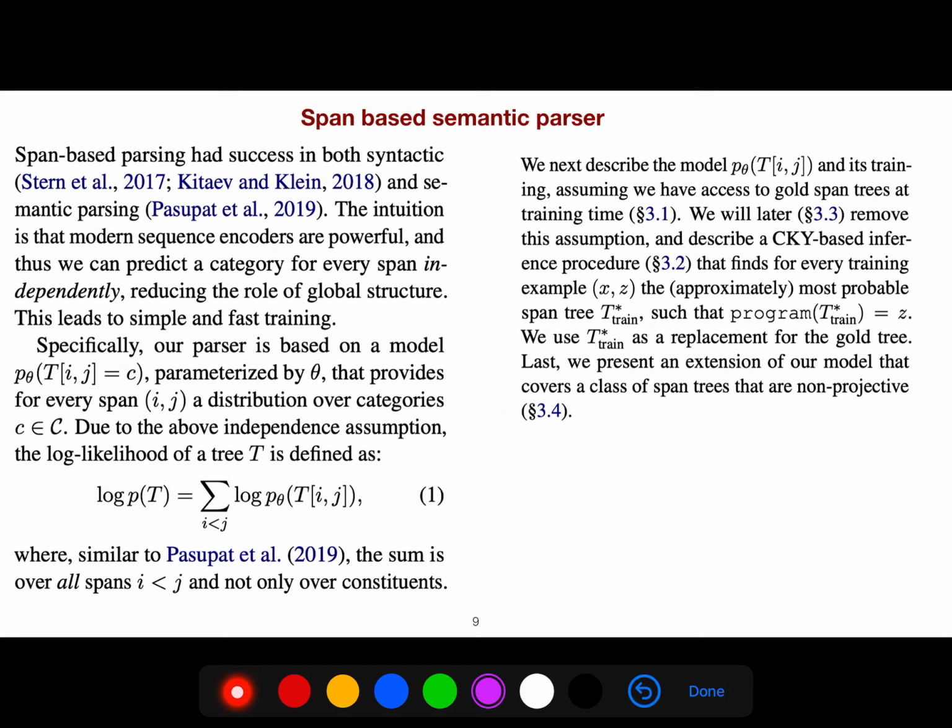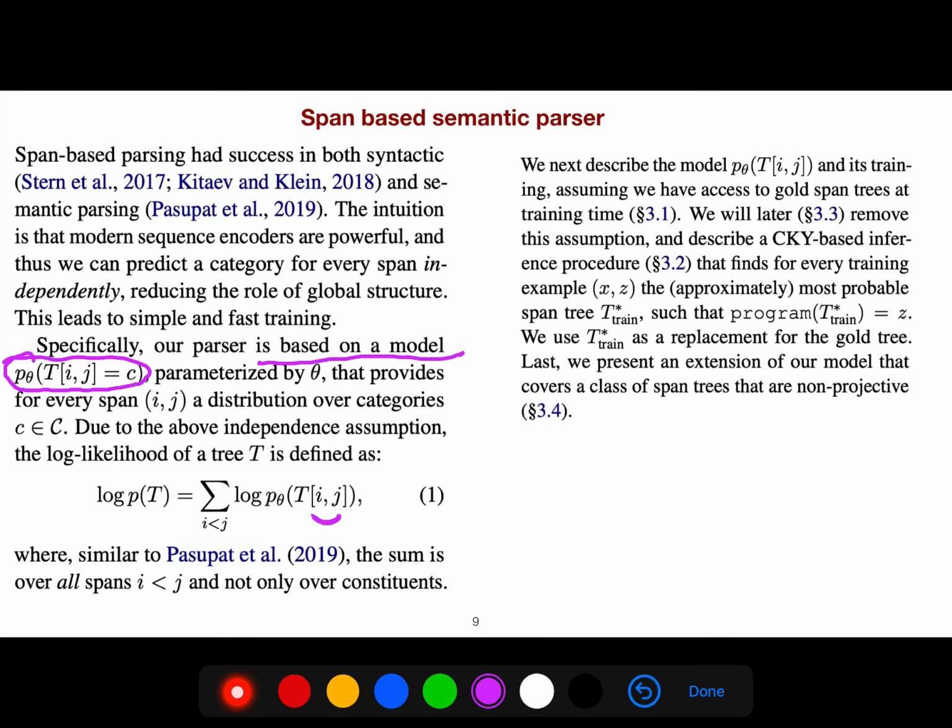So this is the span-based semantic parser. Our parser is based on a model parameterized by theta that provides, for every span T, I, and J, a distribution over categories.